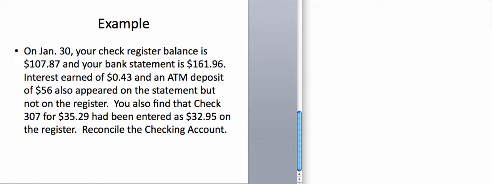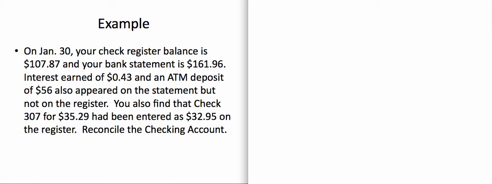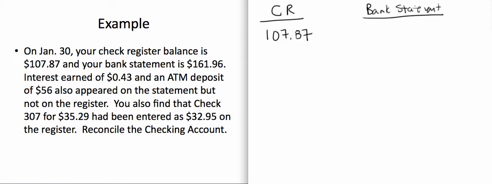Okay, so for this first example here, your check register balance, CR, is 107.87, and your bank statement is 161.96.